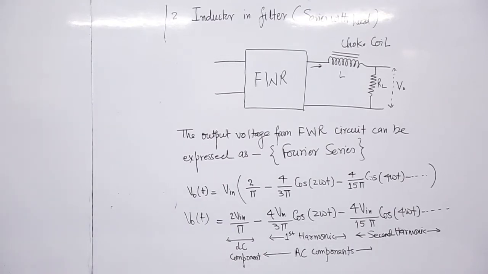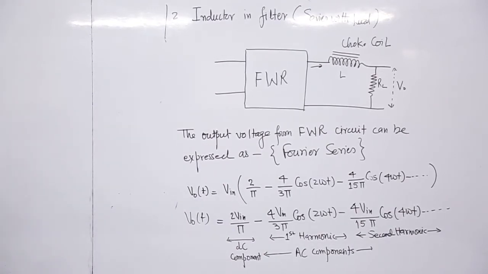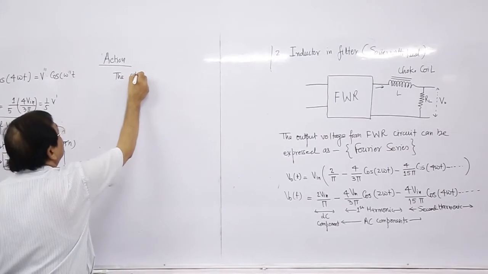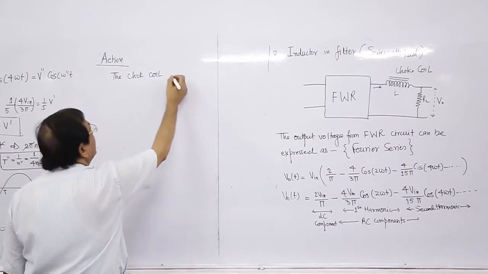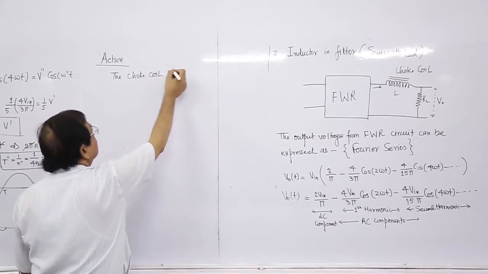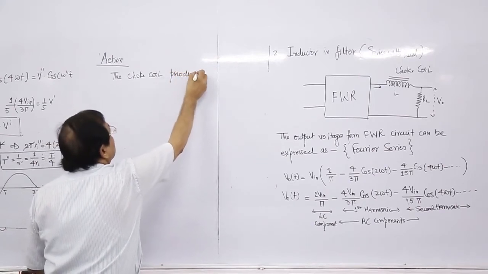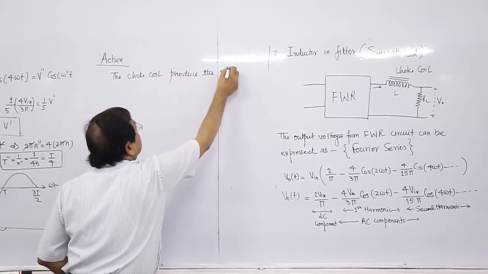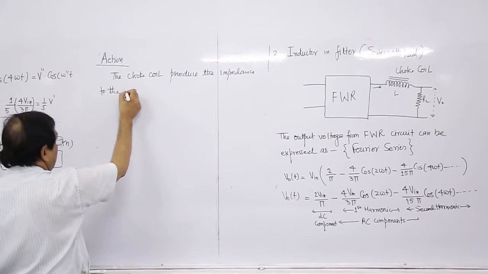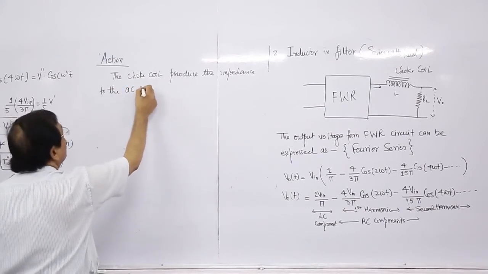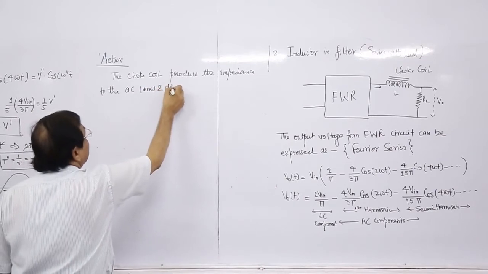So, if we find the action, the choke coil produces impedance to the AC more and DC less.